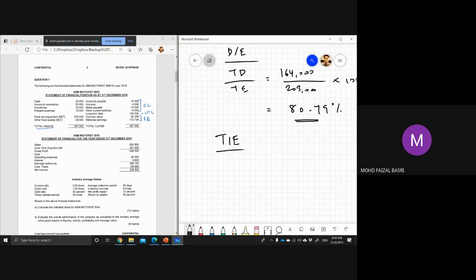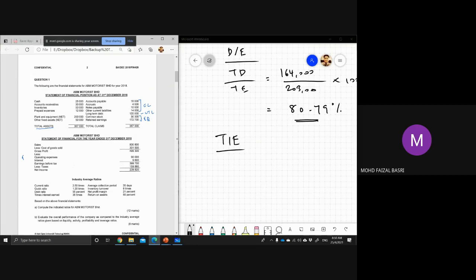There's a reason why, if you remember, last two weeks during our first seminar, we had one item missing, which is earnings before interest and taxes, EBIT.